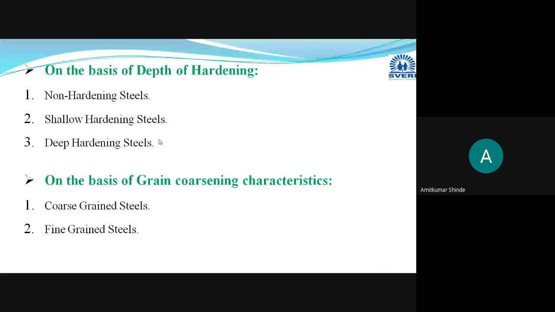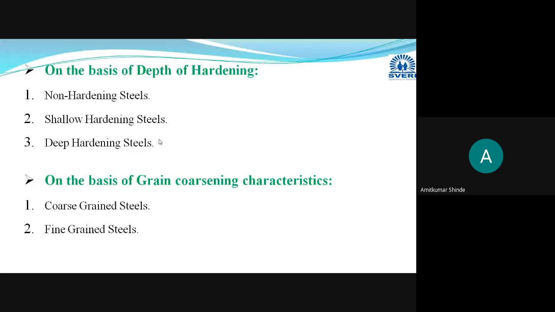Now, non-hardening steels means it is almost impossible, or very difficult, to do the hardening of that kind of steels. Already we have discussed that the depth of hardening depends on the percentage of carbon and the amount of alloying elements present. If different alloying elements are present and carbon is also there, then the depth of hardening will be very high.